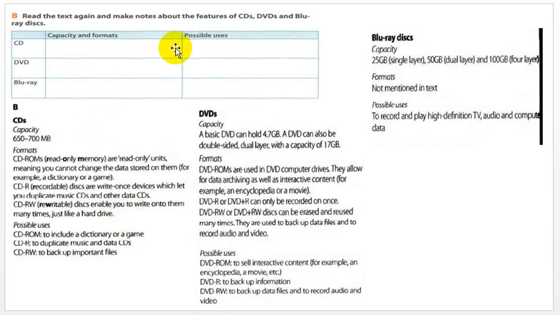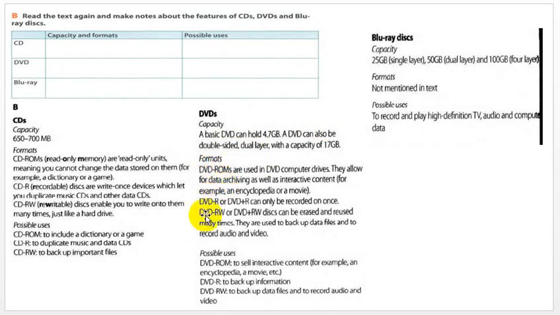And DVD, possible uses: what is the capacity of a DVD? A basic DVD can hold 4.7 GB, and a DVD can also be double-sided dual layer with a capacity of 17 GB. What is the format of a DVD? DVD-ROMs are used in DVD computer drives.